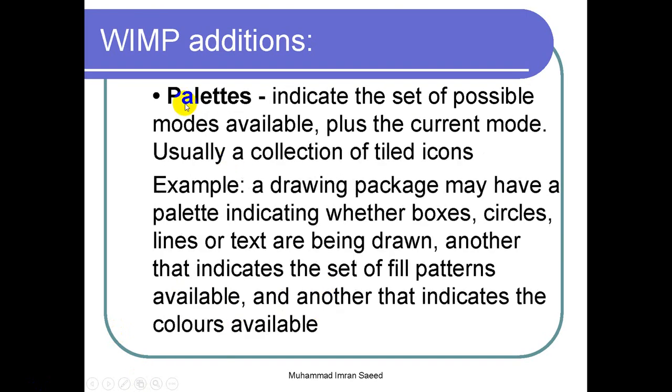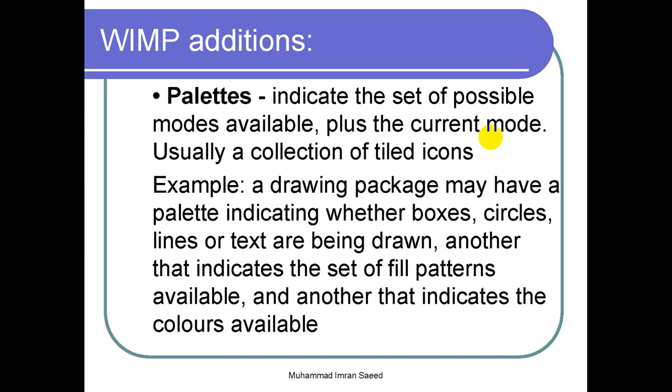Then it talks about the palettes. What are the palettes? They indicate the set of possible modes available plus the current mode. If I give you a very simple example, just think about Microsoft Paint, and you will find different palettes in it in the form of shapes. You will find a triangle, a rectangle, a square, a line or anything.